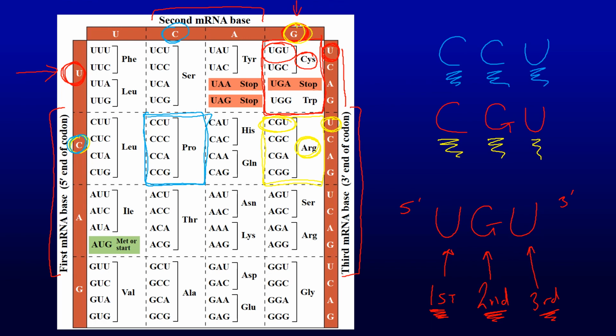Our third one is U. That puts us here. And there we've got CCU, and that gives us the amino acid proline. All right, so hopefully that's enough practice to see how you use this table.